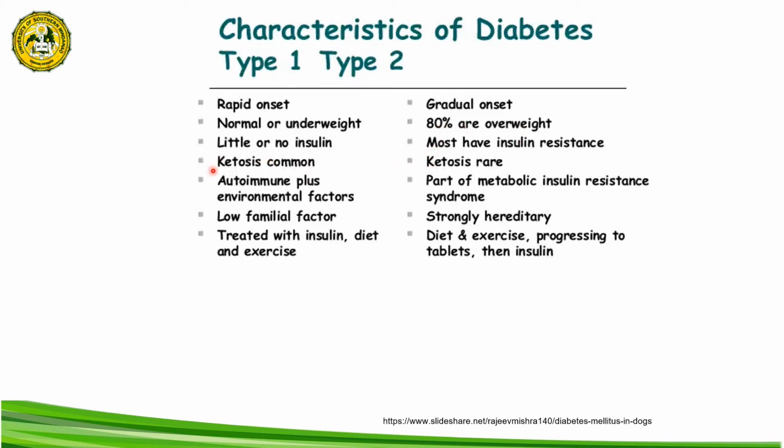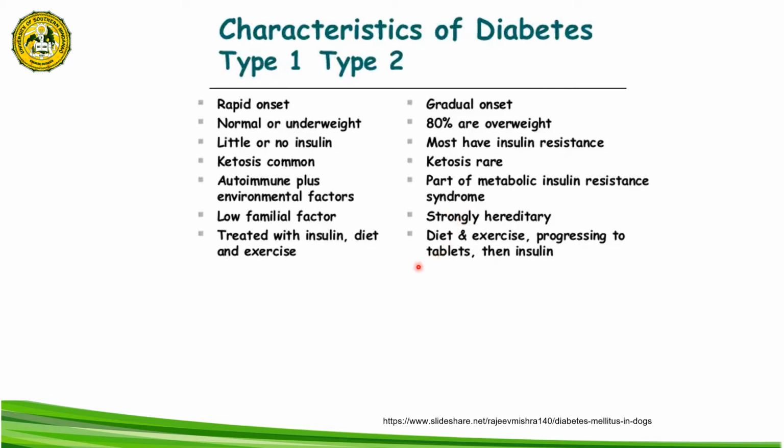Ketosis is more common in type 1 diabetes. Type 1 diabetes is also autoimmune in nature, plus environmental factors. Type 2 diabetes has a strong heredity.